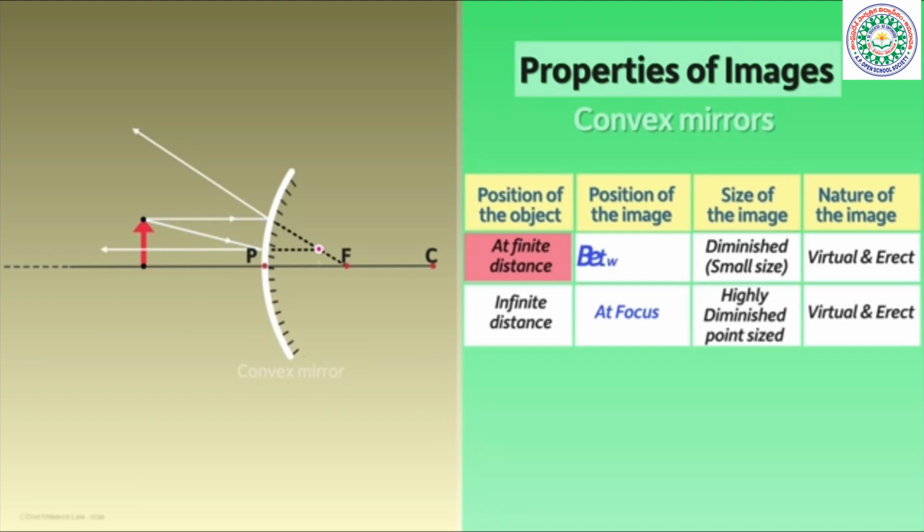Okay, so let's quickly join these image points to get the complete image of the object. If we measure the length of the object and the image, we will find that the object's size is greater than its image. So we say that the image is diminished. Also, one more important thing that I must say is that the image's distance from the mirror is not the same as the object's distance from the mirror.